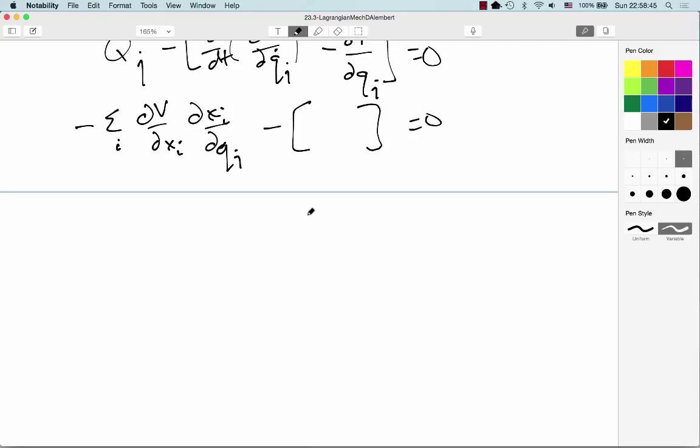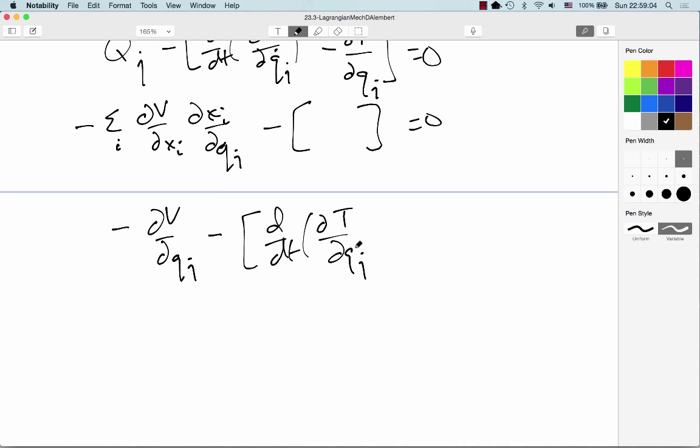So we're left with minus partial V partial qj, once we do that sum, minus d dt of partial T partial qj dot minus partial T partial qj equals 0.